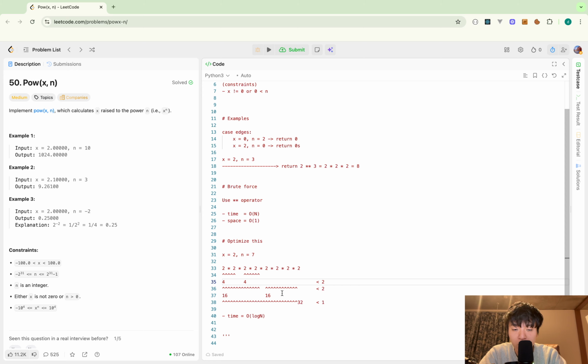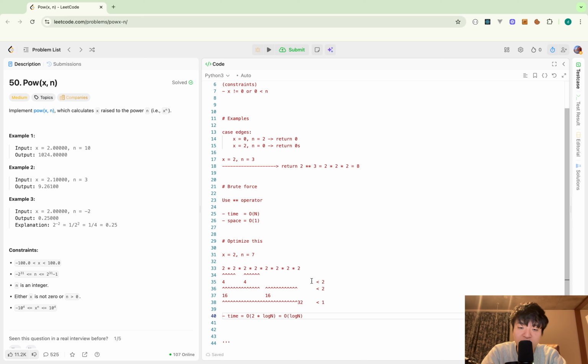So in total, this depth is log n, base 2, log 2 n. So n, every time I have to calculate twice, there should be 2 to the log n, which is O of log n.